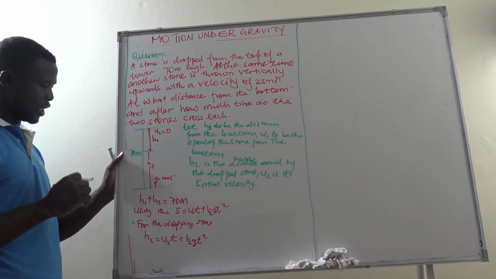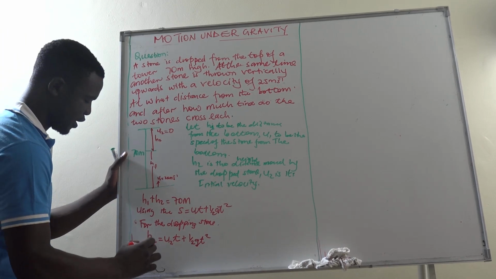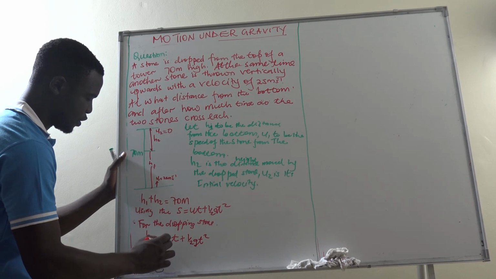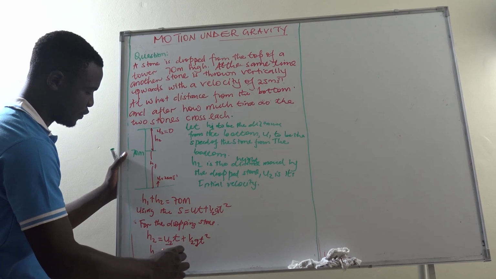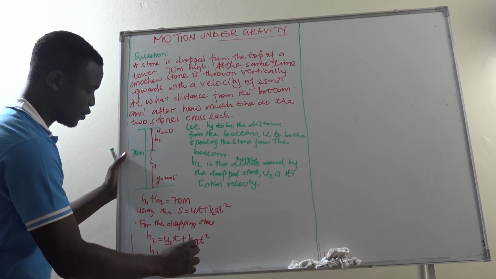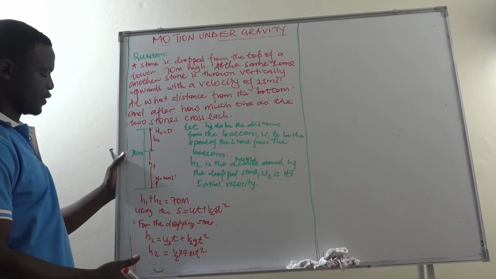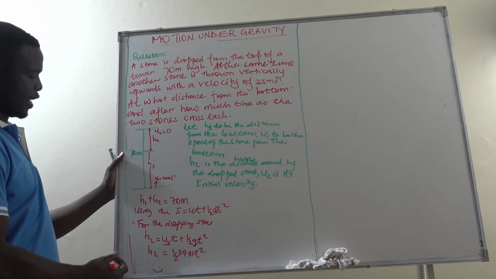But since this stone is being dropped from rest, U is 0, so all of this becomes 0. This is a half times 9.81 T squared. That is the value of H2.